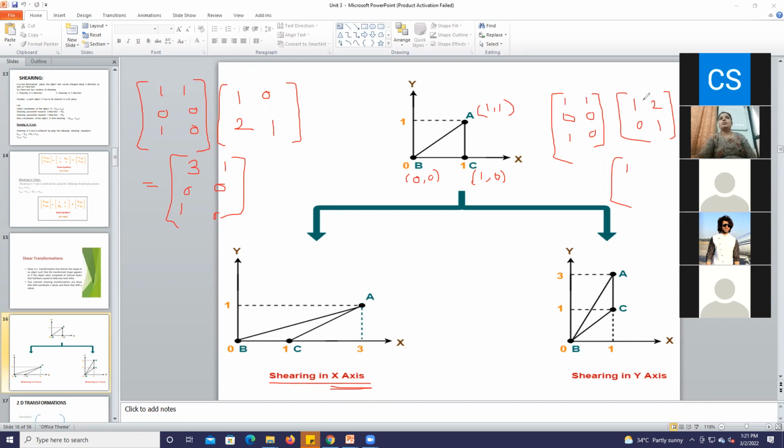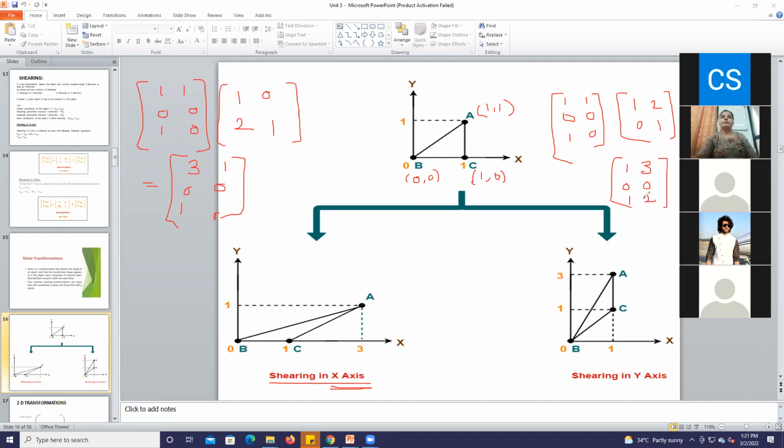Then 1 into 2, that is 2 plus 1. So y becomes 3. So 0, 0 as it is. So whatever we are going to multiply with origin, it will be remaining same. So it will be 0, 0 only. Then the third row and first column. So 1 into 1 is 1, 0 as it is. And 1, and this is 2.